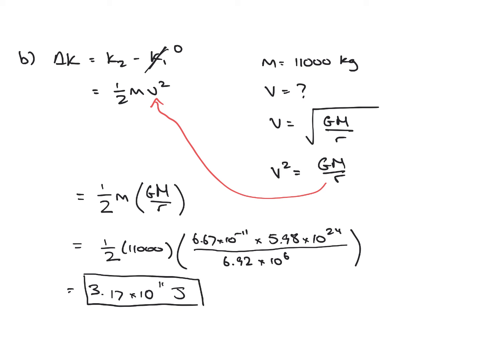So that's how much kinetic energy this telescope has now. It started with 0 joules of kinetic, now it has 3 times 10 to the 11 joules of kinetic. I'm going to make a note of that value because I'm going to need it in the next part.